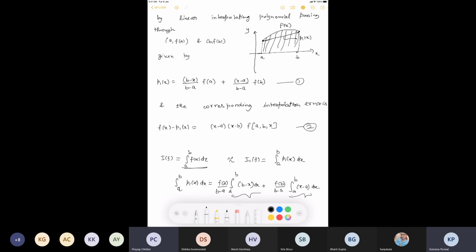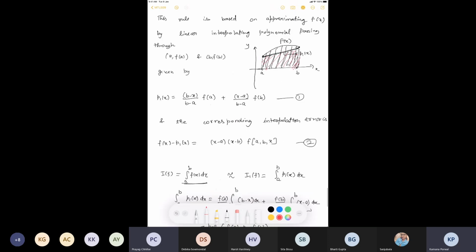What we are finding is the approximate area. This region is the approximate value, and the exact value is given by the black lines. So geometrically you can understand it in this way.